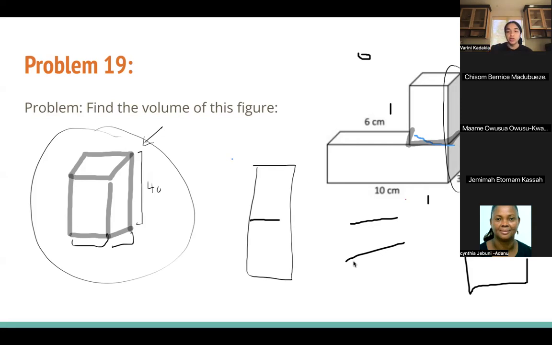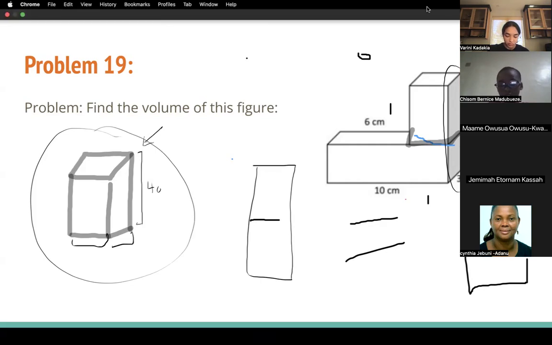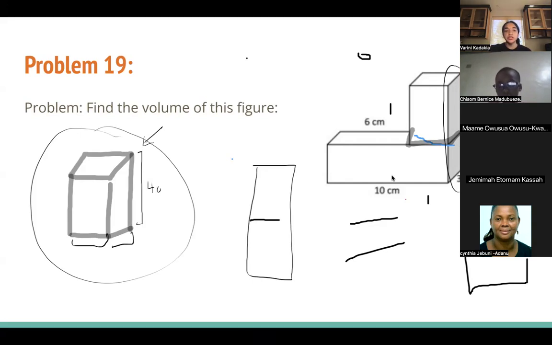Okay. Yeah, if you understood how to do this problem, I think you can log off, but I'll stay on to explain it.